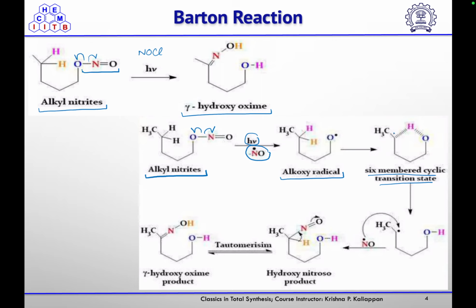That radical combines with the NO radical to give the hydroxy nitroso product, and after tautomerism you get the gamma hydroxy oxime product. Now we know that an oxime can be hydrolyzed to get the ketone. That is how you convert your alcohol to a gamma-substituted ketone, or alkyl nitrites are converted to gamma hydroxy oximes.